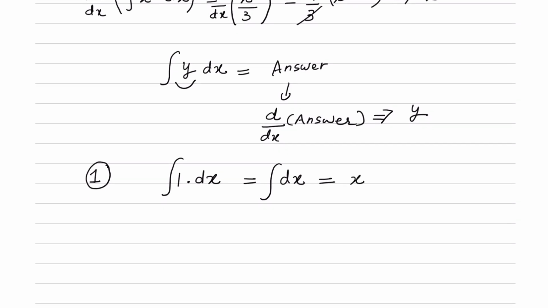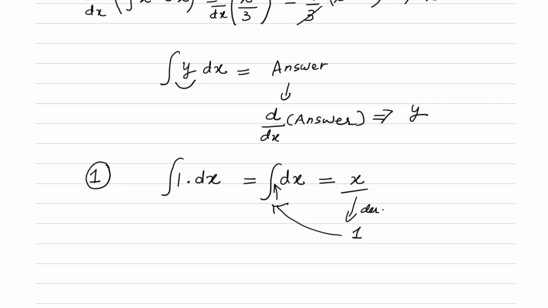Now we know that if we take the derivative of this x, it should be the same thing which is written here, and here you have 1. If nothing is written, it means there is 1. So you calculate the derivative of x with respect to x, which is 1, and 1 is written here.